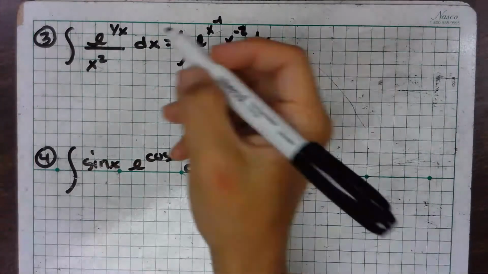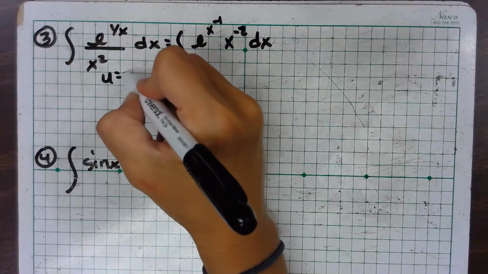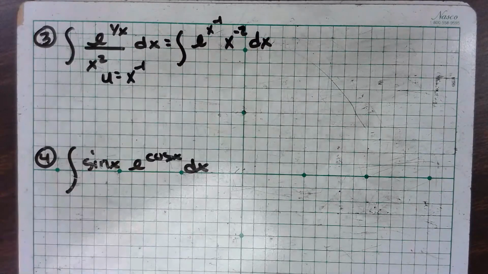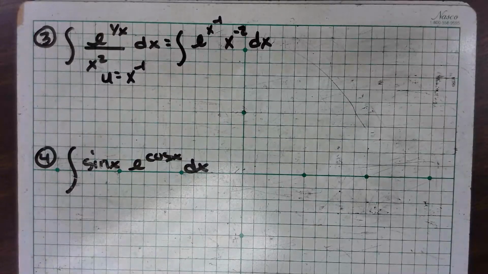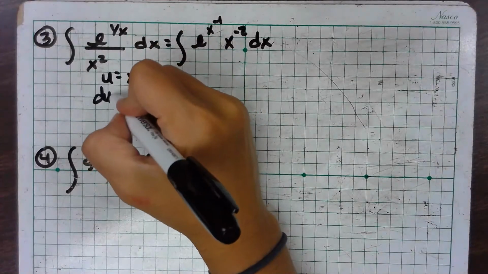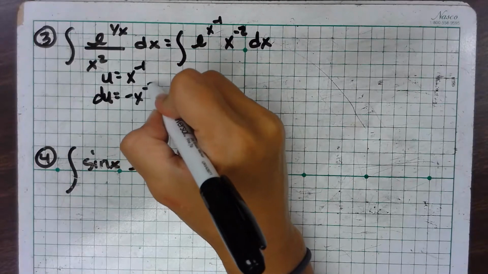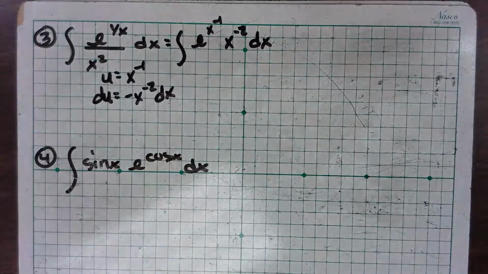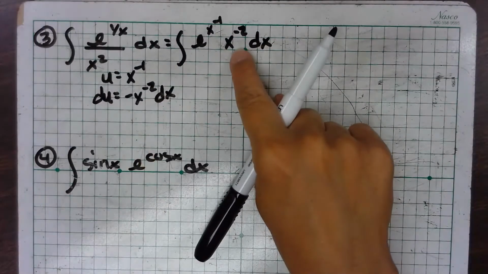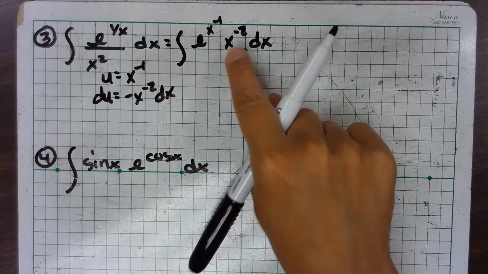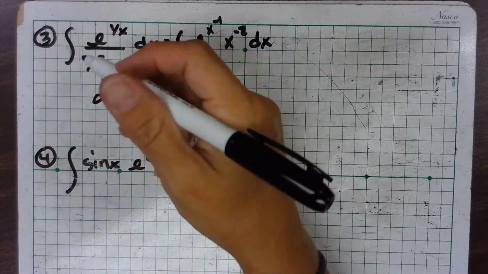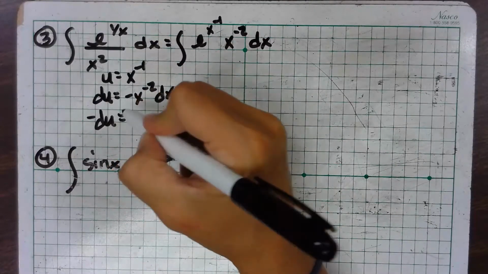All right, and the reason is because what if I take my u and say x to the negative 1? And I differentiate that, so du equals negative x to the negative 2 dx. Look what I've got. I've got x to the negative 2, which is what I need. If I didn't have that, I couldn't do it this way. I just don't have the negative, so I'm going to move the negative to the other side.